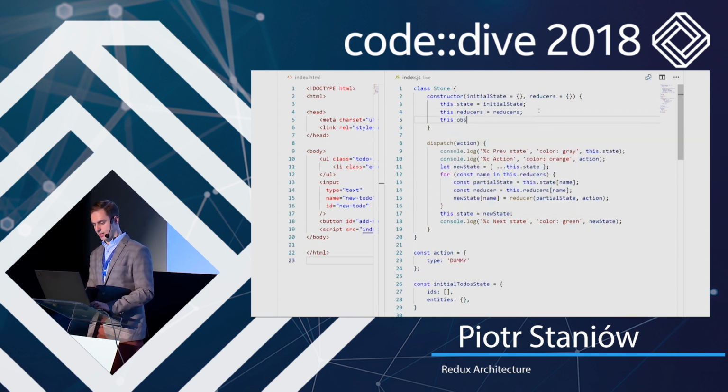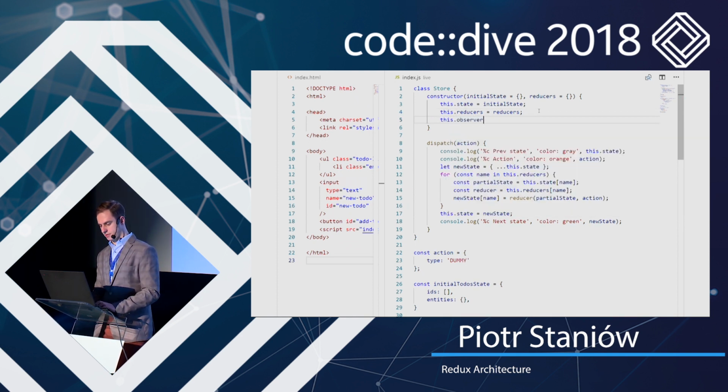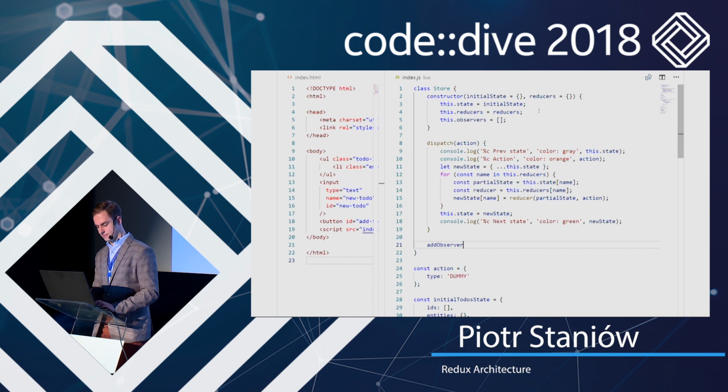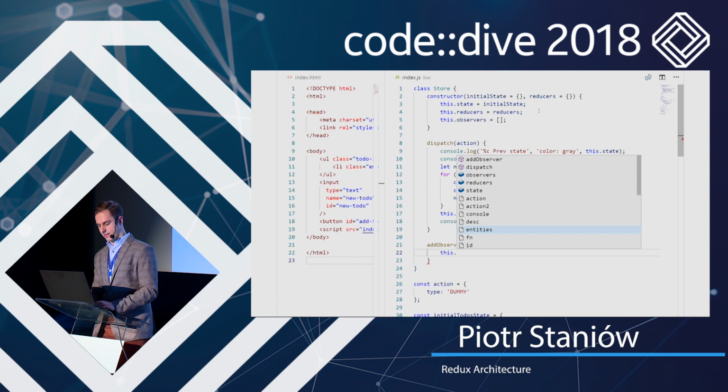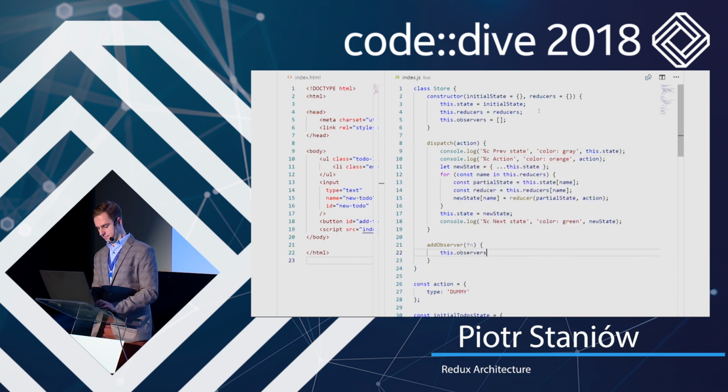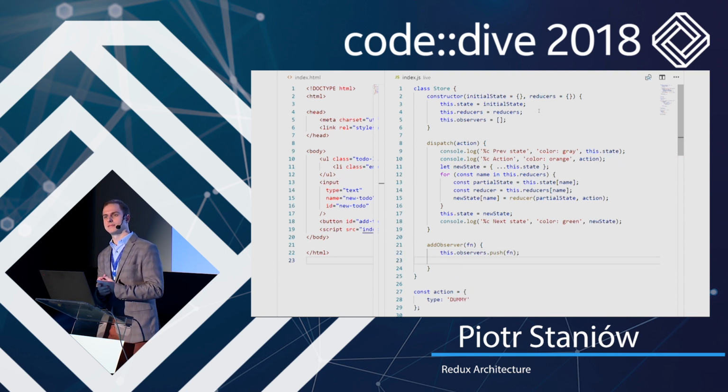Let's go the easy way. Let's have a list of observers and two functions. Add observer. It will basically add this observer. And we don't want memory leaks, probably. So let's return an unsubscribe function. All it does, it's a lambda expression.